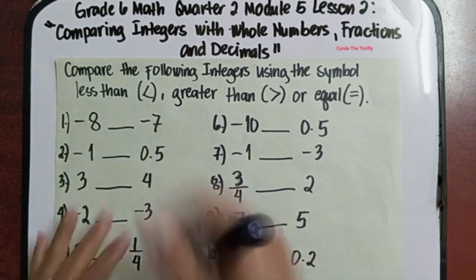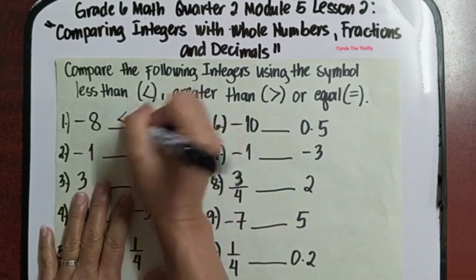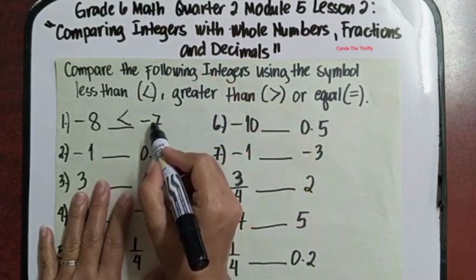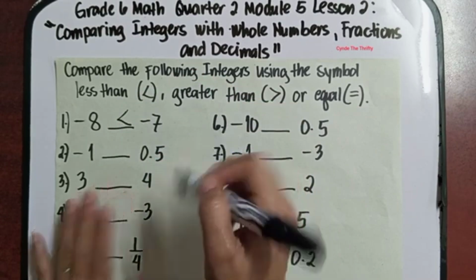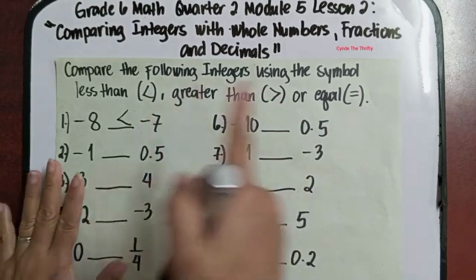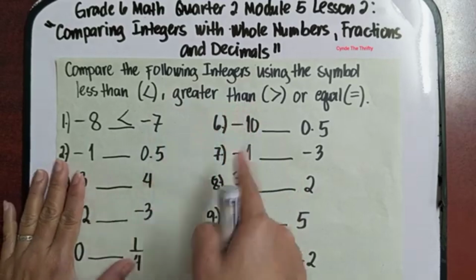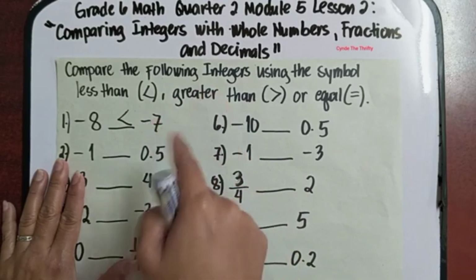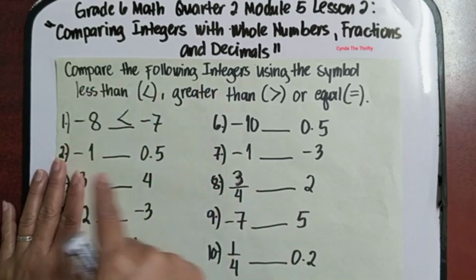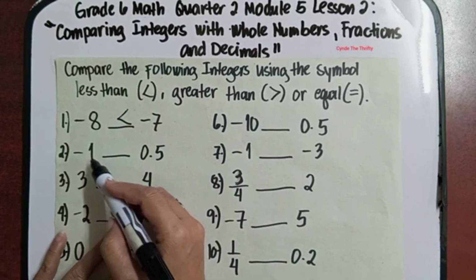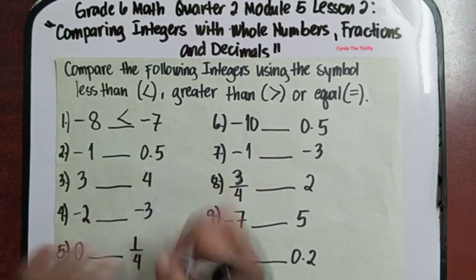Negative 8 is less than negative 7. Why? Because negative 7 is closer to 0, and all negative integers close to 0 have a greater value than negative integers far from 0. Okay. Next example, negative 1 compared to 0.5.